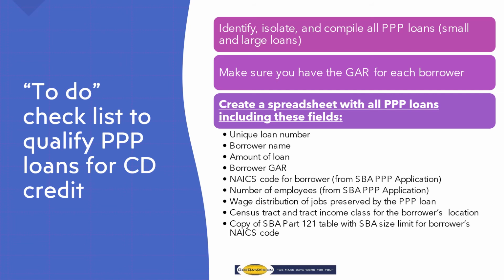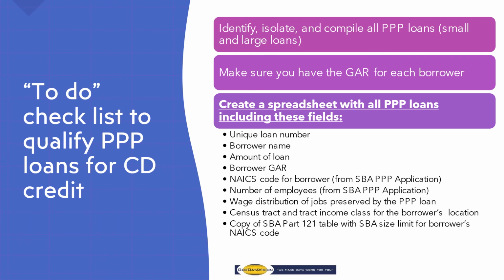And again, the SBA PPP application at least has not only the number of employees, but the gross monthly payroll. So you can at least approximate the average wages paid by the employer and determine if they fall within that low or moderate income category for the location of the borrower. The census tract and the tract income class for the borrower's location, and that's important again for the revitalization stabilization definition. And many of your PPP loans may qualify under both economic development and revitalization stabilization, which makes them even more valuable for community development credit.